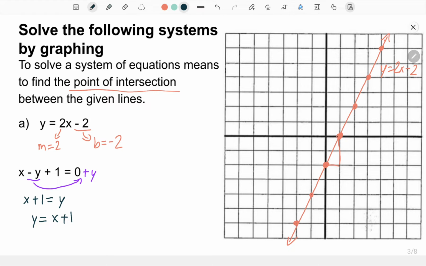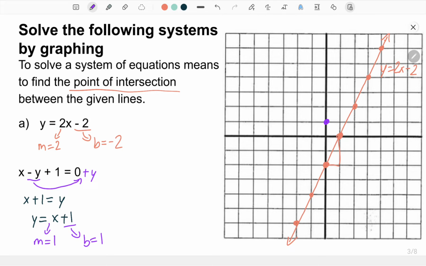Now we have it in slope y-intercept form, so we can identify the slope. If there's no number in front, remember that just means the slope is 1. And the y-intercept, b, is equal to 1 as well. Now let's graph this out. Plot the point 1 on the y-axis.